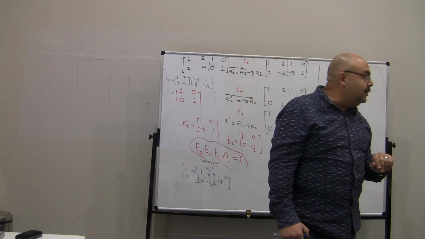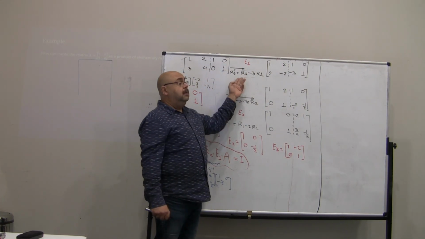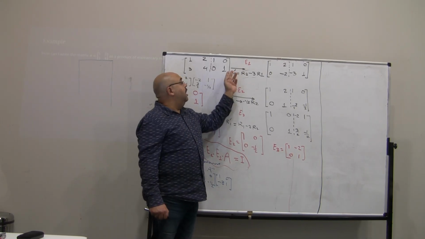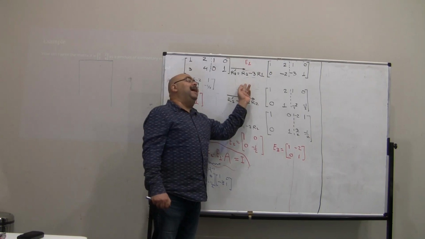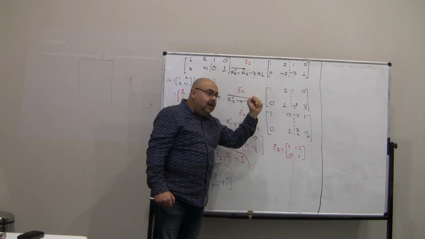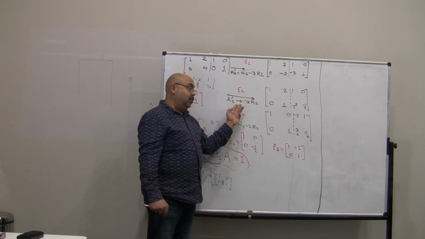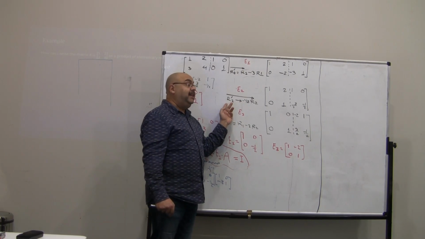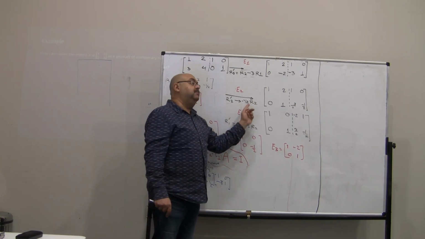How to do it? If I want to get the inverse of this operation, simply I will get R2 double dash, which is R2 dash plus 3R1. It's going to be the inverse of this process. If I want to get the inverse of this elementary matrix, it's very simple. What I have to do is to get R2 double dash, a new R, which is going to be negative 2 times R2.